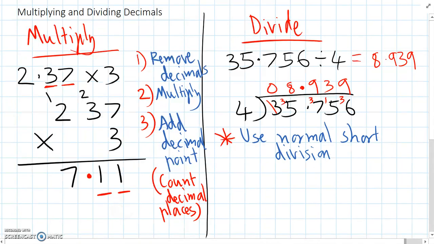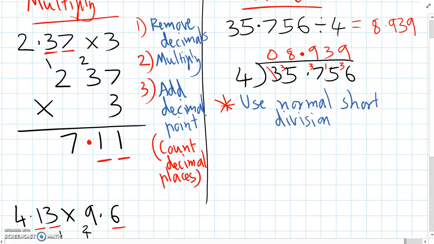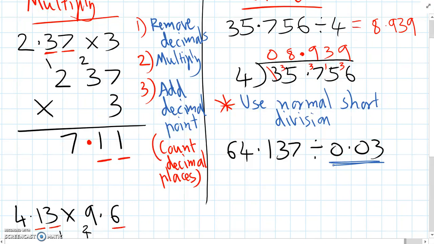But they get harder when we're dividing one decimal by another one, like this one. 64.137 divided by 0.03. So short division doesn't work unless we have a whole number that we're dividing by. So we need to make 0.03 into a whole number.